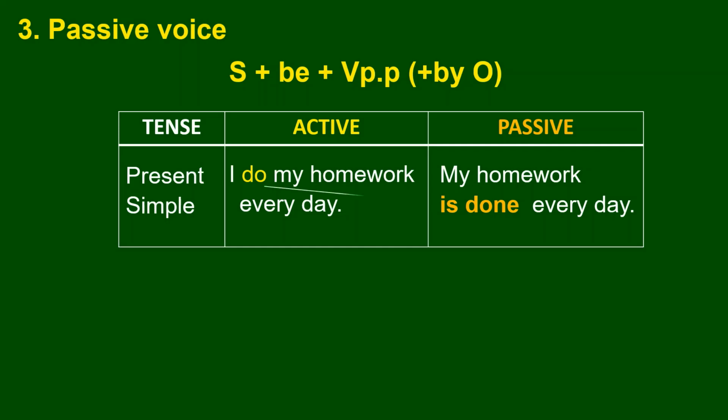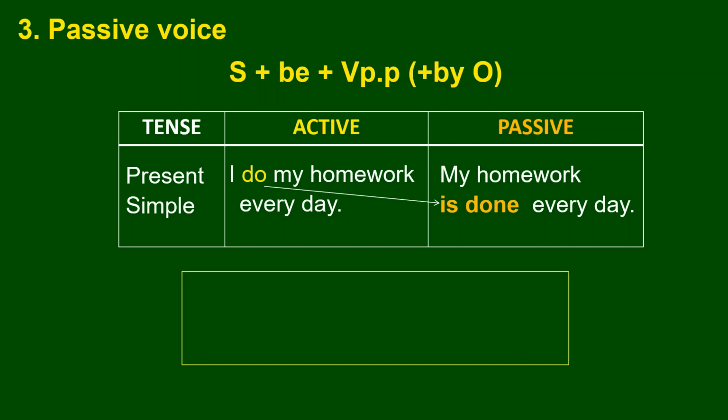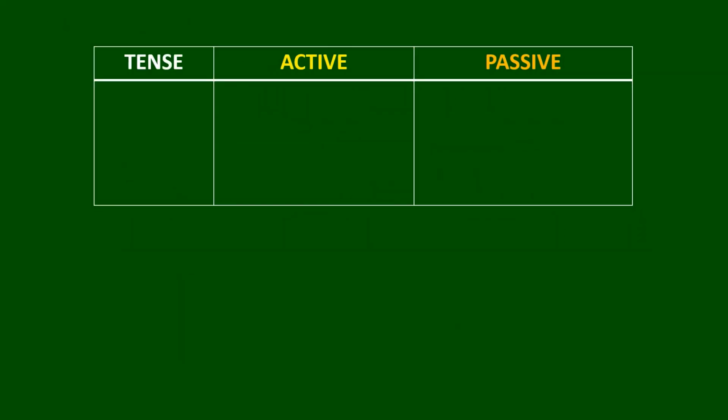So the form of passive voice in present simple is S + be in the form of am, is, are + verb past participle, then by someone. And in this unit, we will learn how to write passive voice with present perfect.